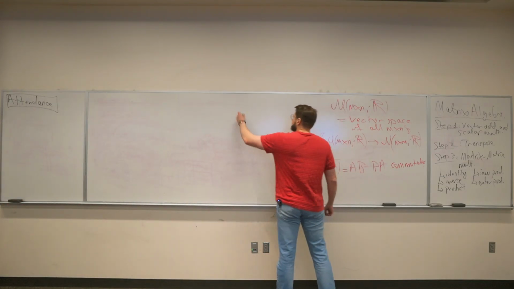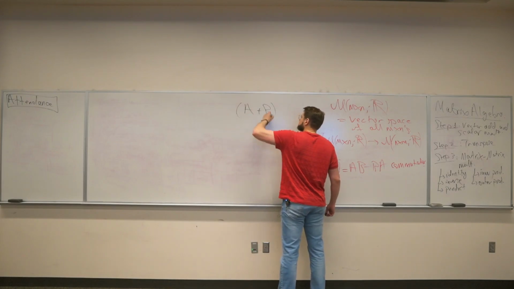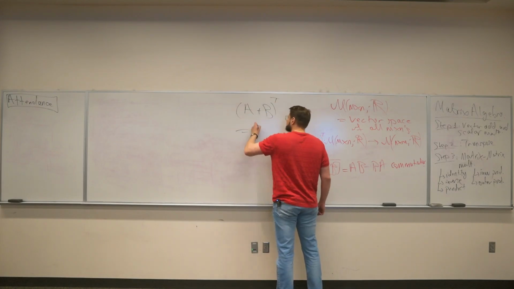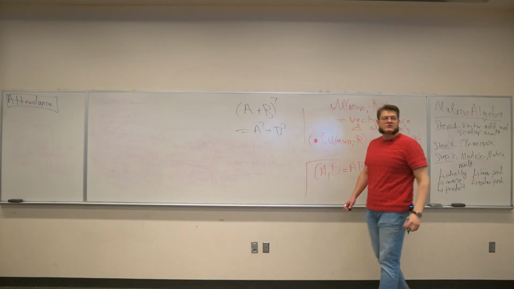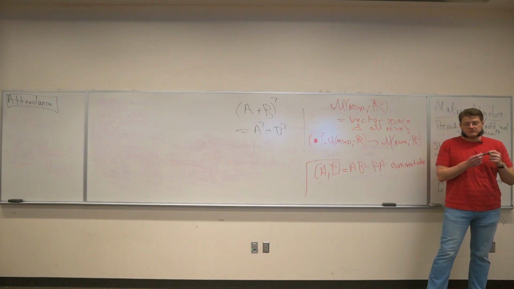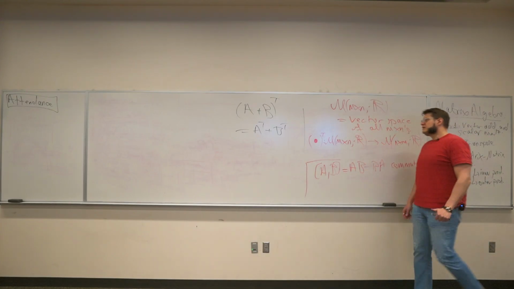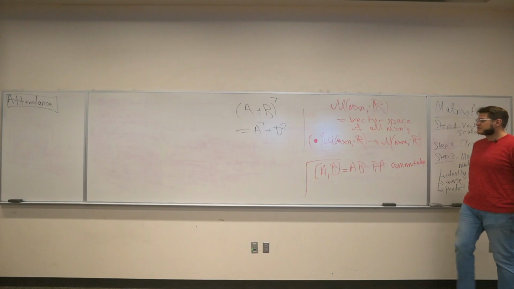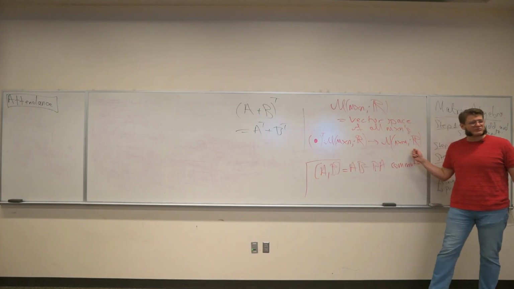Because, for instance, if I were to take A plus B, 2 matrices of the same dimension, and take the transpose, this should be the same thing as A transpose plus B transpose. And likewise with scalar multiplication. To say all this, you can just say that taking the transpose of a matrix is a linear transformation.